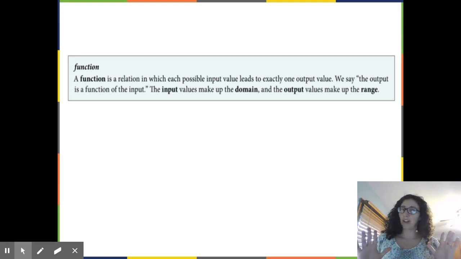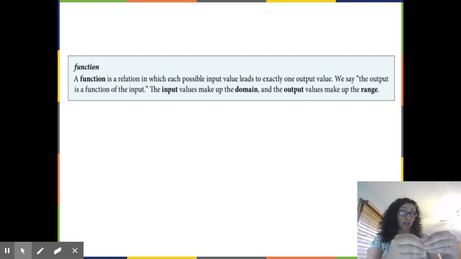In normal life, Joe has one birthday. So an input, Joe, can only have one output value. Two people might have the same birthday, but that's okay. That would be a function relationship. One input gives you one output. You can't have one person with two birthdays. So that's an example of a function.